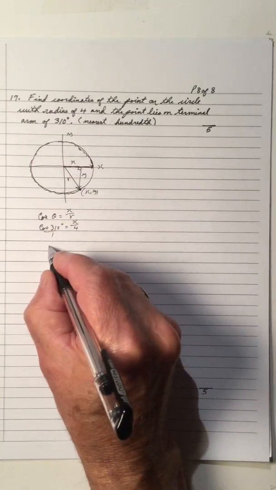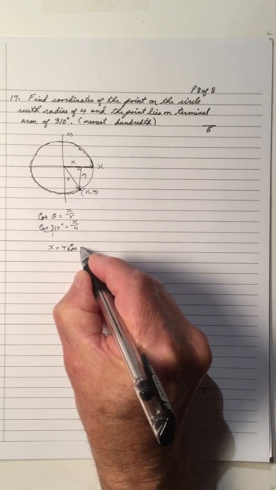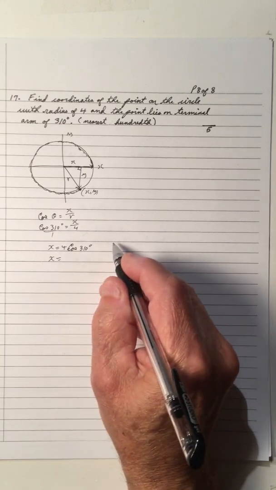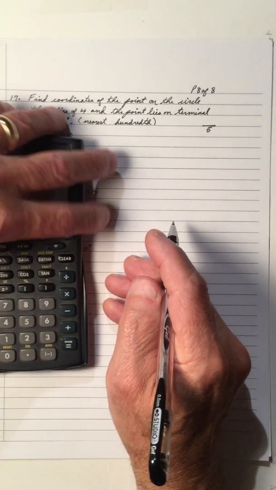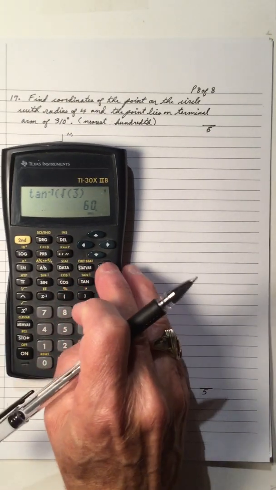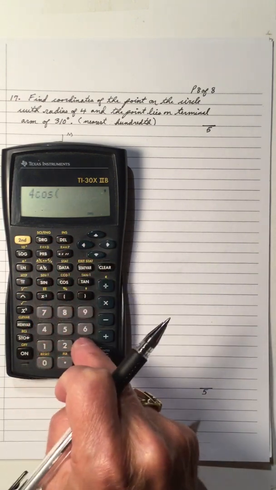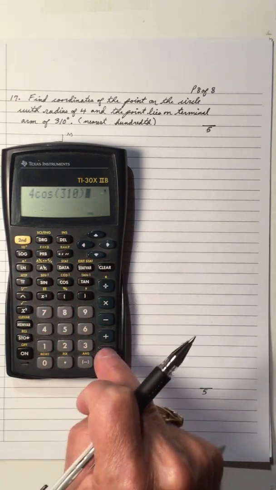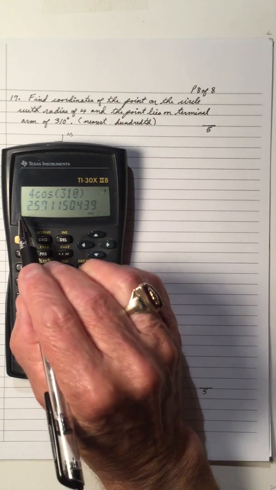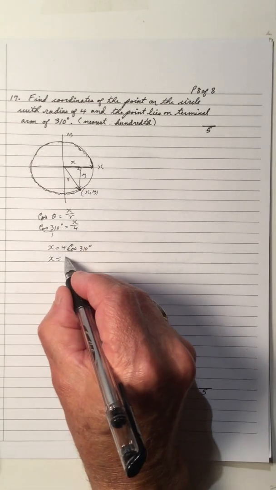So cross multiply, x equals 4 cos 310. We clear the calculator, 4 cos 310, and to the nearest hundredth it's 2.57.